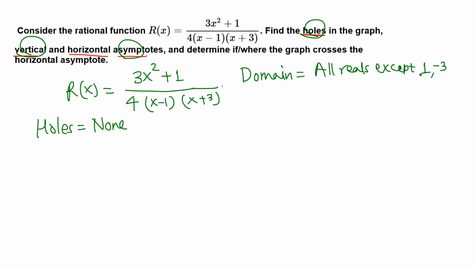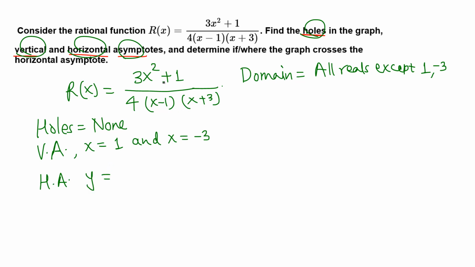At both places we get vertical asymptotes, x equals 1 and x equals negative 3.